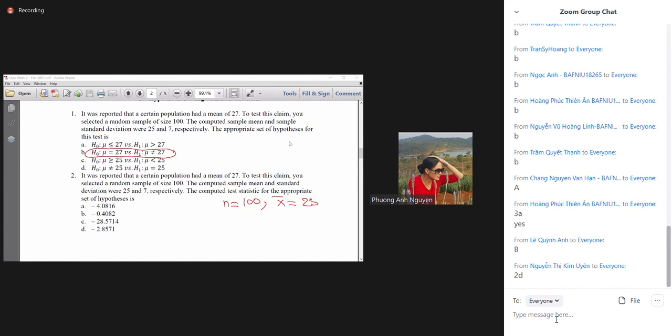B or D. Let's see which one. Okay, 25. And standard deviation, so it's like a sigma, right? Equal to 7. And the test statistic equals x bar minus mu divided by sigma over root n.